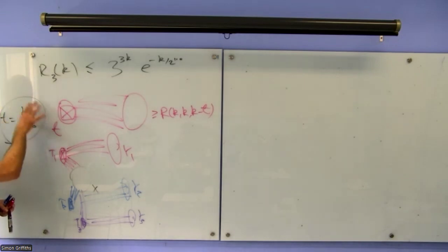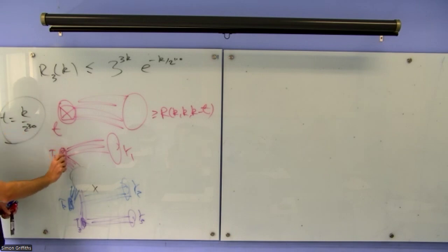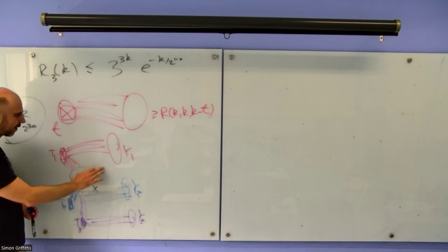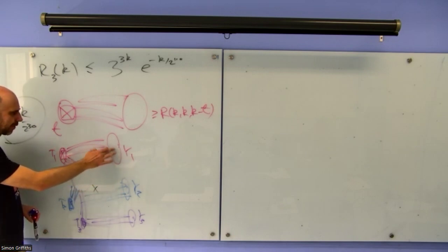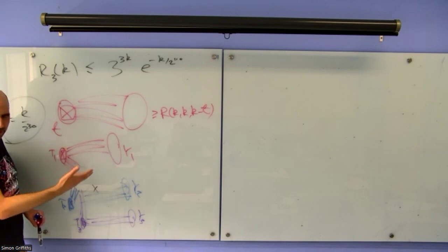The idea is you want the process to go on long enough that one of these cliques gets to size T, and we need to make sure that the corresponding set on the other side stays large.